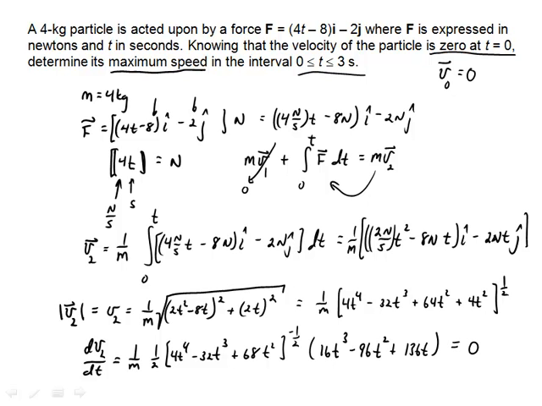I want to maximize that, so we're setting this equal to 0. When I do that, all that really matters is this part right here. Everything else is of no consequence because I can divide it into the 0 and it goes away. So 16t cubed minus 96t squared plus 136t I'm setting equal to 0. Now I can pull an 8t out of there.